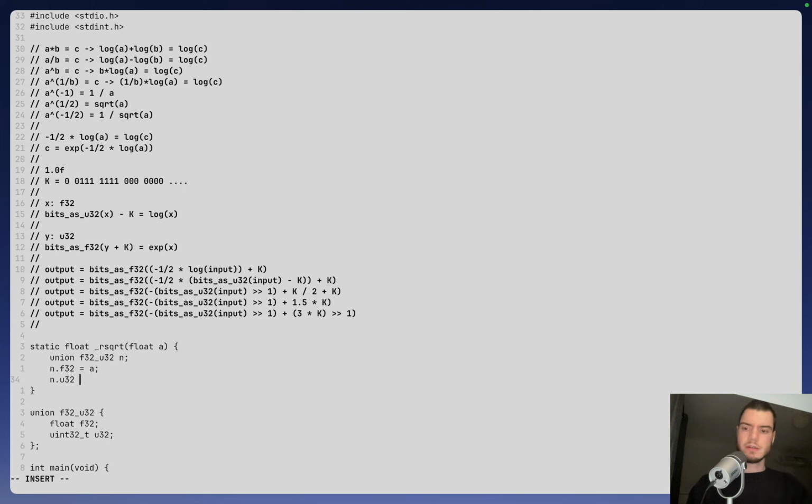So first, we want to shift our unsigned integer representation 1 to the right. I'm just taking this line right here and translating it into C code effectively.